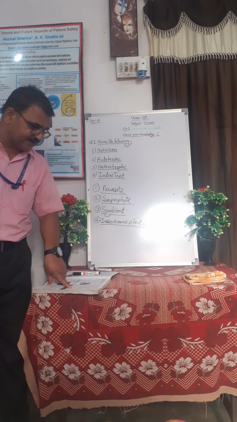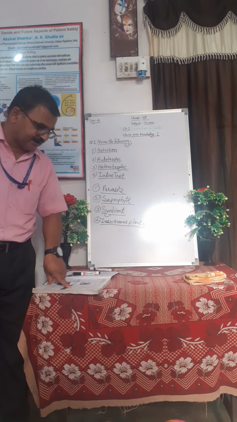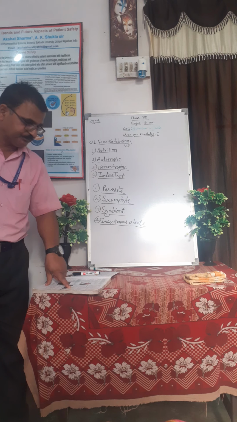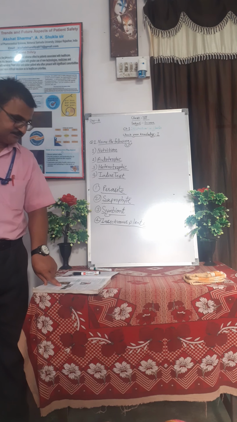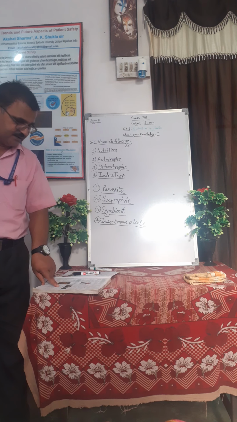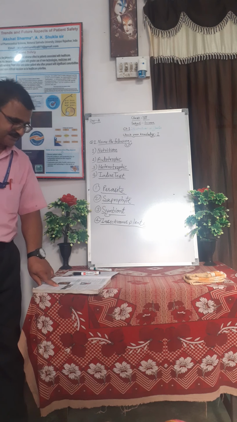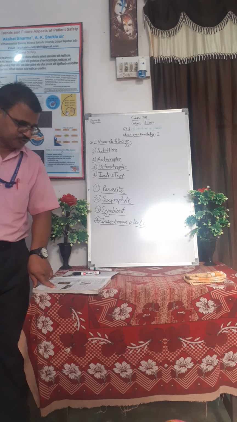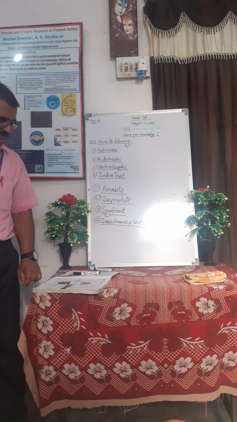Inside the pitcher, hairs are present which are directed downward. When an insect lands in the pitcher, the lid closed and trapped insect is digested by digestive juices present in pitcher.